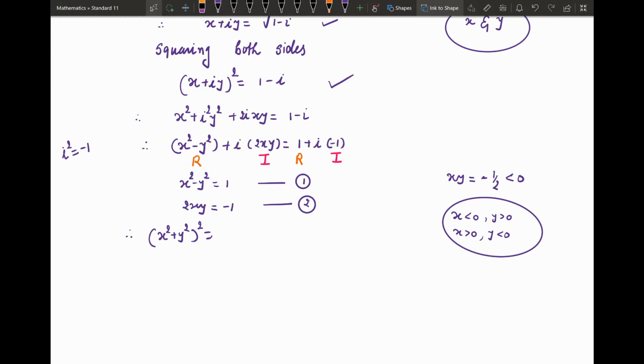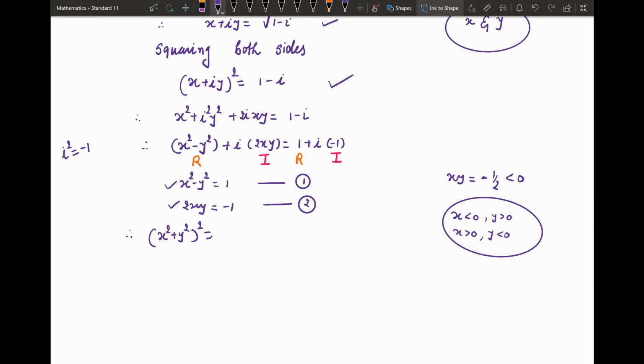Now we know two complex numbers are equal if and only if their real parts are equal and imaginary parts are equal. So comparing real parts, we get x square minus y square equals 1, and comparing imaginary parts, 2xy equals minus 1.